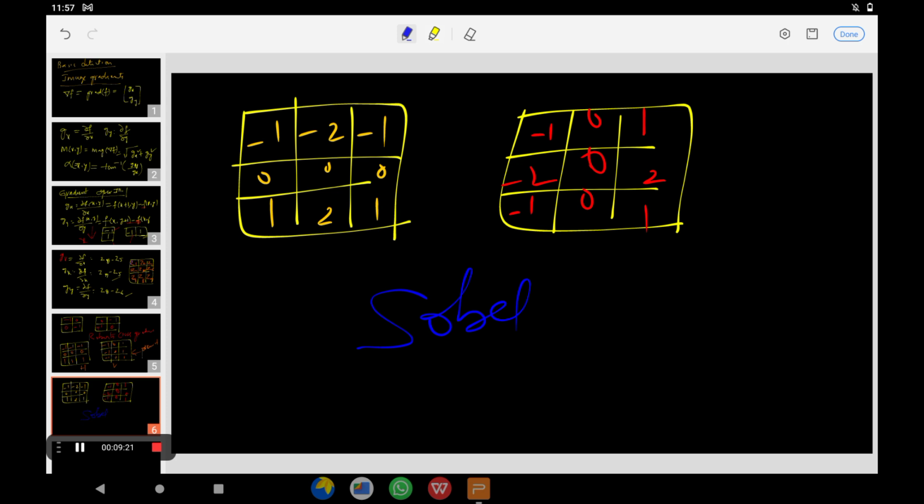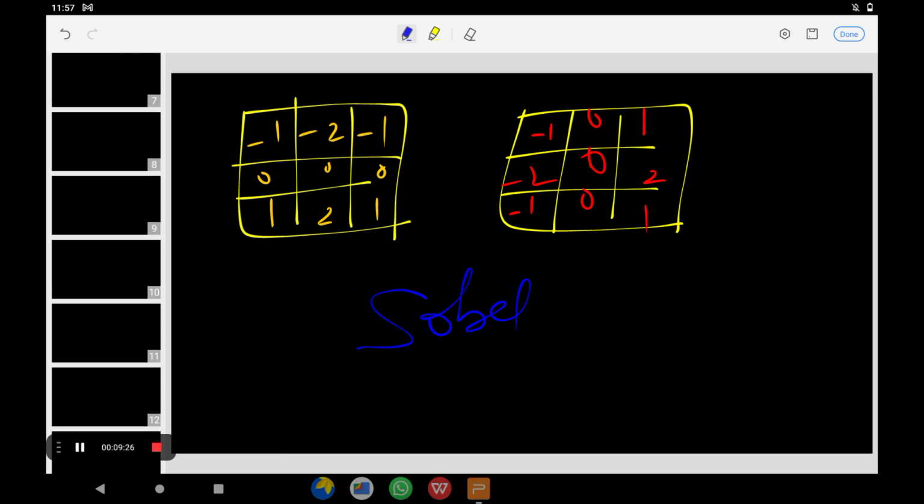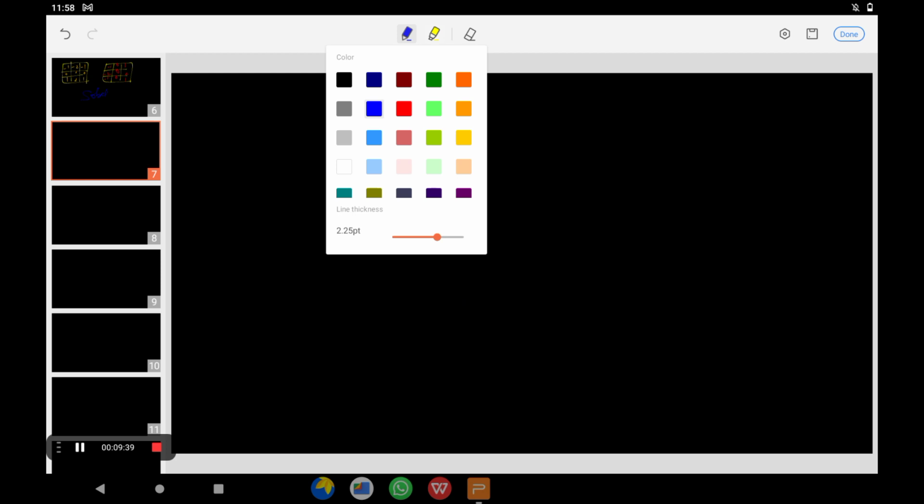These operators can be derived from different equations. I will write the basic equations of how we are going to represent them.